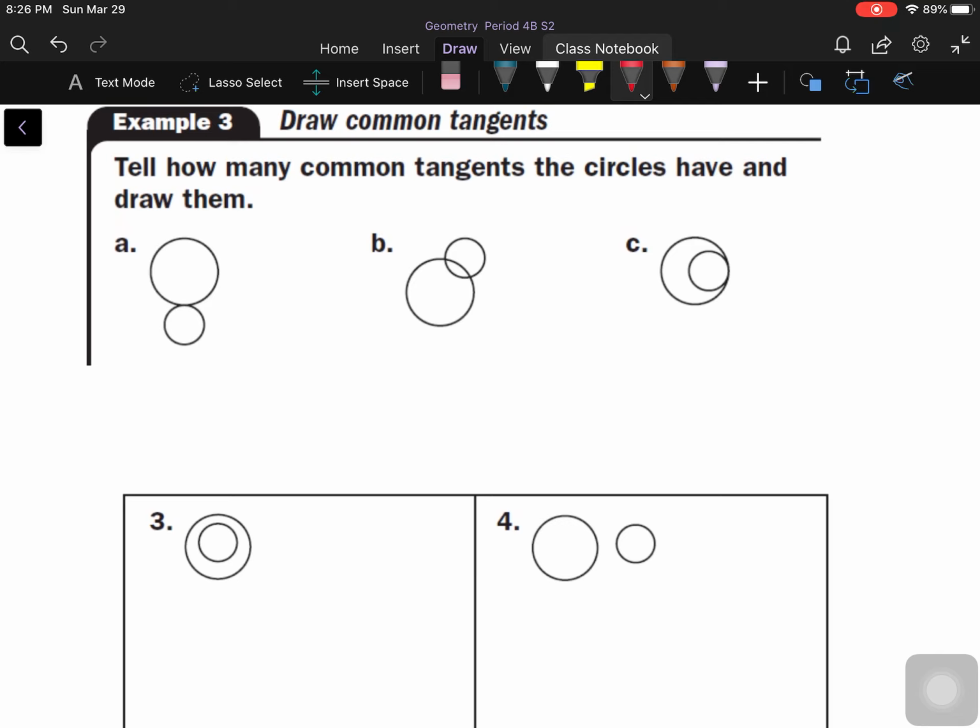Okay, so then it says just looking at tangents, how many common tangents the circles have, and then draw them on there. So tangent means it's going to touch at one spot on the circle, so it has to be on the outside edge. On this first one, there's one there, and there's one there.